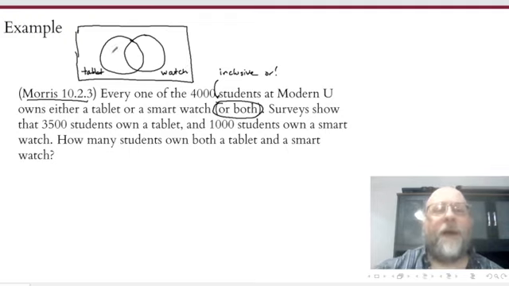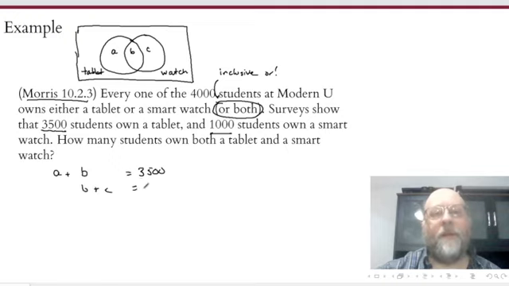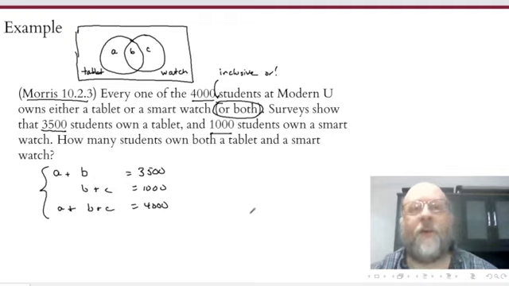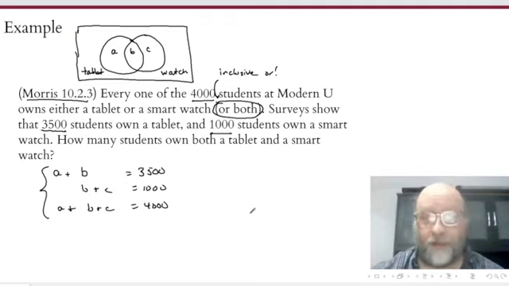If we divide these two sets into three disjoint pieces, we'll call this piece A, call this piece B, and call this piece C, then the 3,500 students that own a tablet are A plus B, and the 1,000 students that own a smartwatch are B plus C, and the 4,000 students total is all three of them, A plus B plus C. And we can think of this as a system of equations in three unknowns, and pull out our old linear algebra skills and solve this.